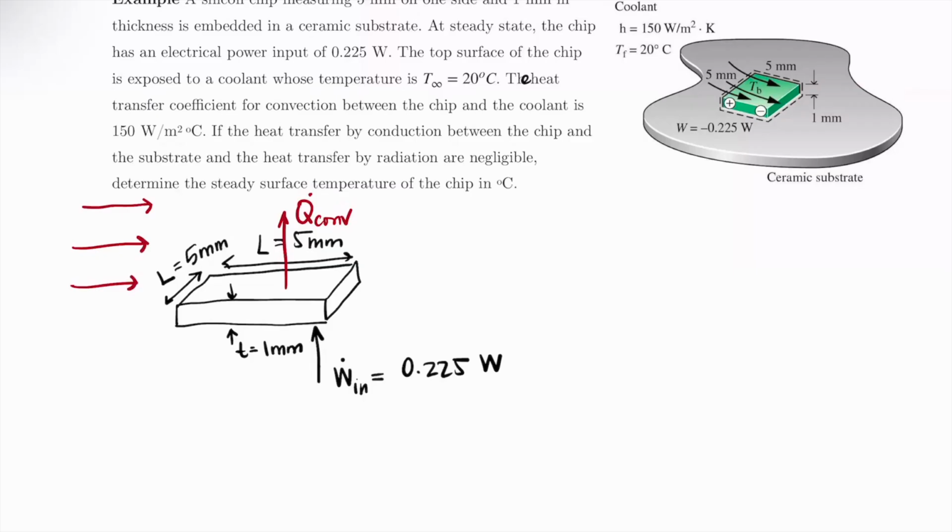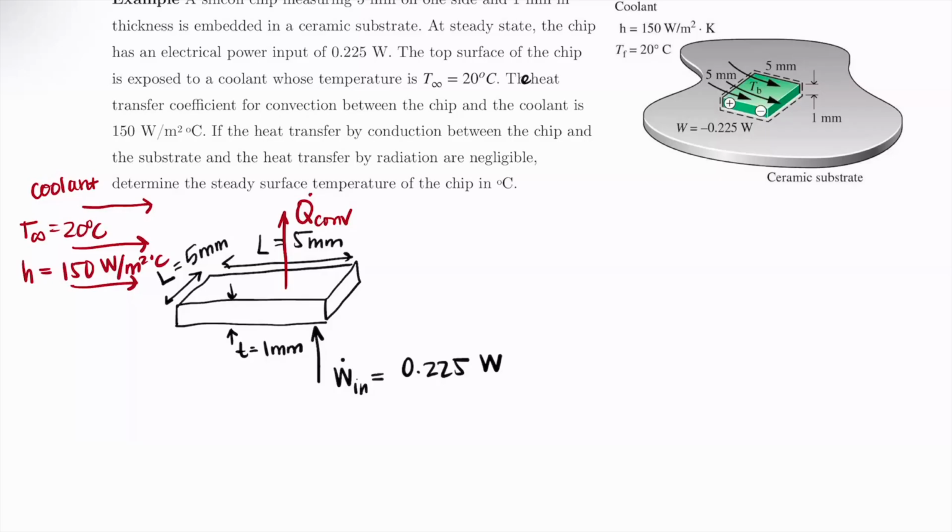This is our coolant, and we're given that the temperature is 20 degrees C. So this is the T infinity that I mentioned in our equation, and it's called T infinity in the problem as well. We're also given that the heat transfer coefficient for convection, so this is h, is 150 watts per meter squared degree C.